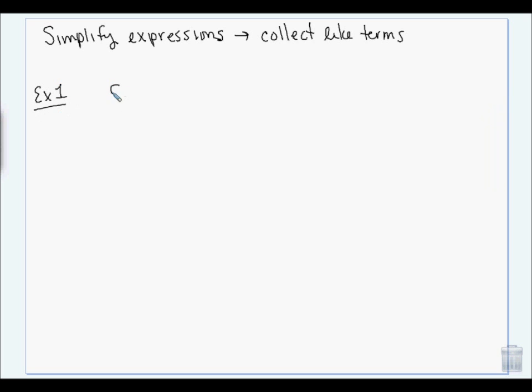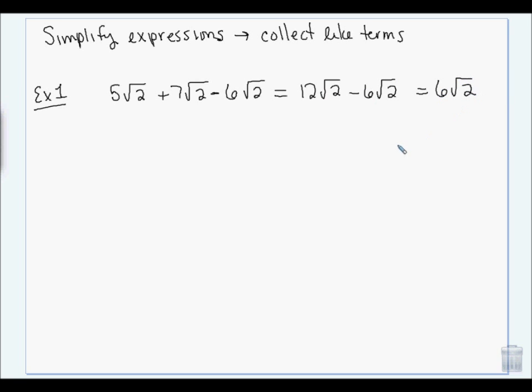So if I have 5 times the square root of 2 plus 7 times the square root of 2 minus 6 times the square root of 2. Well, 5 plus 7 is 12. And then if I subtract 6 from 12, I get 6.